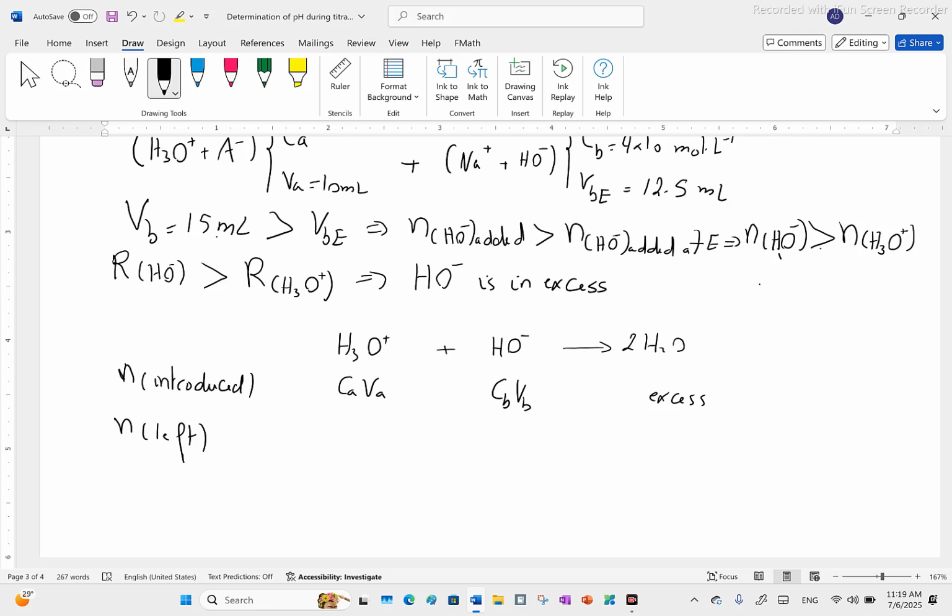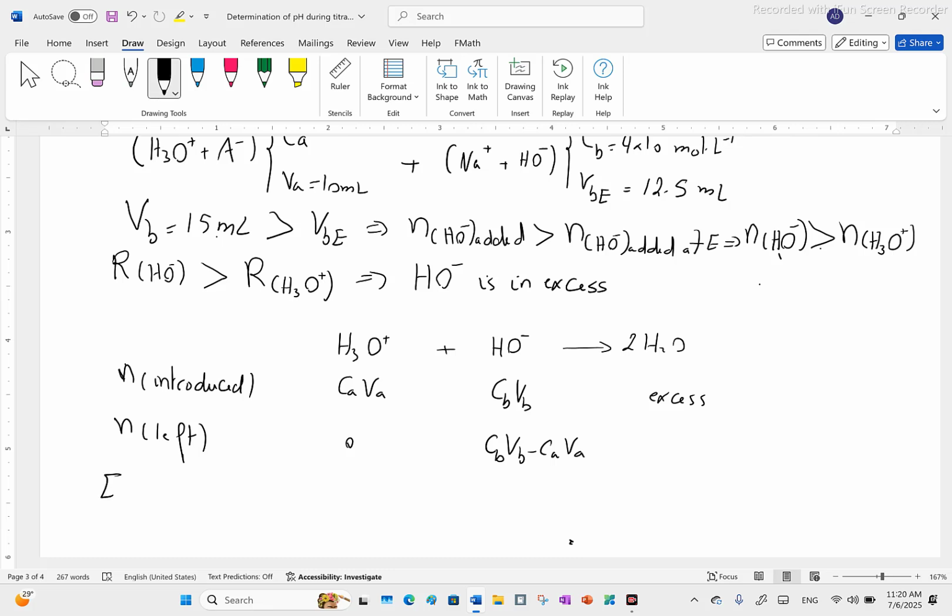In this case, H3O+ is the limiting reactant. It remains 0. For HO−, number of moles left equals CBVB minus CAVA.